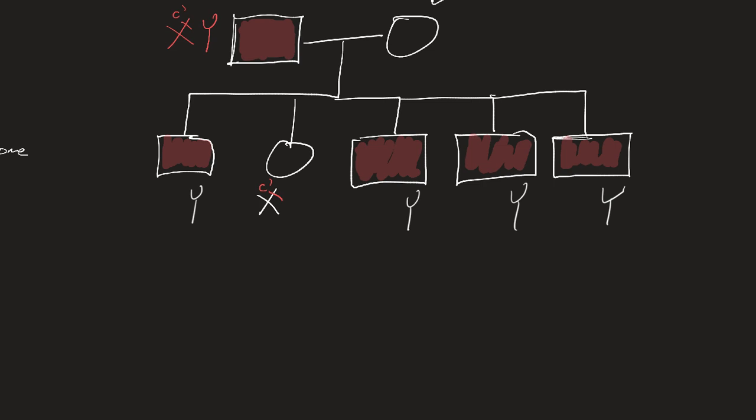She doesn't have it, why? Because she has a second X, and that X must have come from mom, and that must be the non-colorblind version of the gene, what we call the wild type. Because it's dominant, the female is not colorblind.